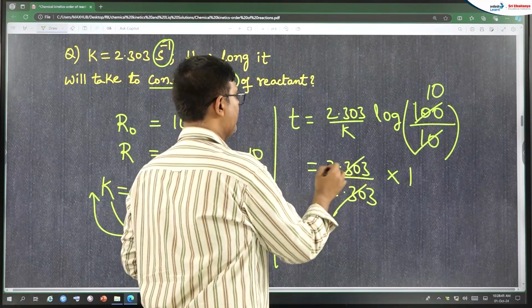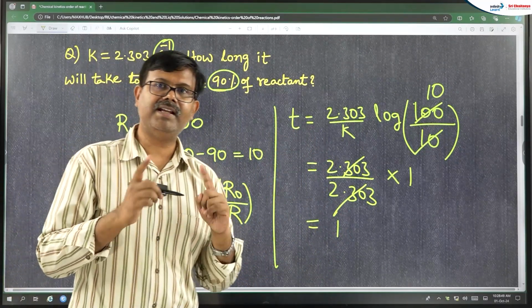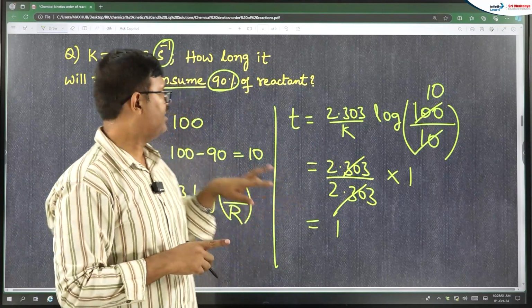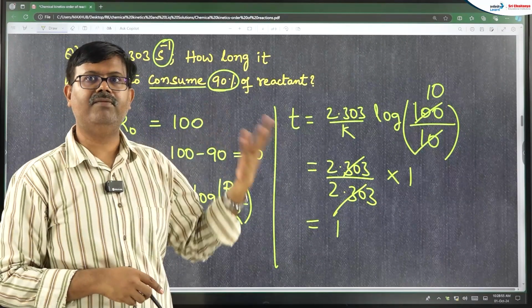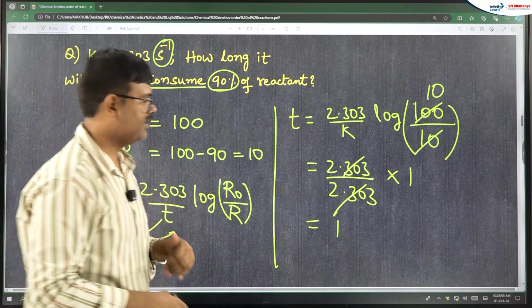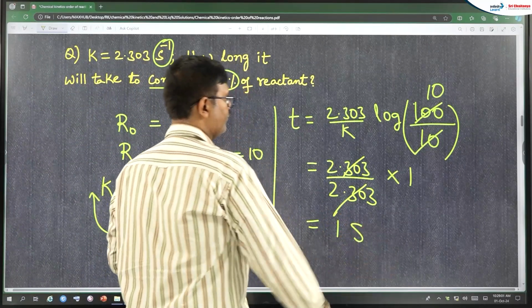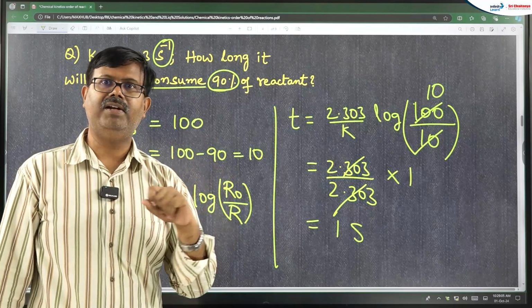So ultimately you will get what? 1. Is it minute or seconds? Look at the K value. What is the unit there? Second inverse. Therefore, our answer also has units of seconds. So the answer is 1 second it will take.